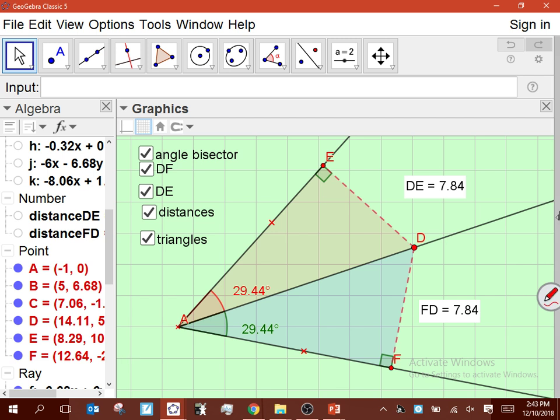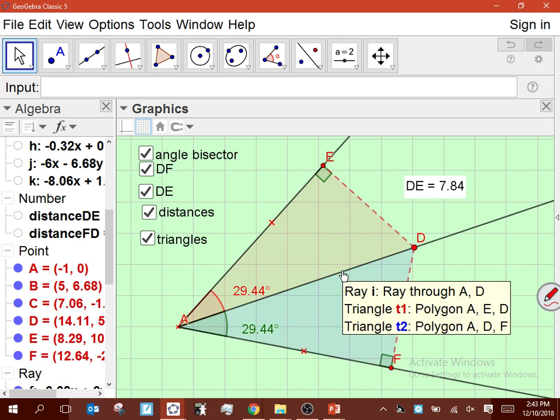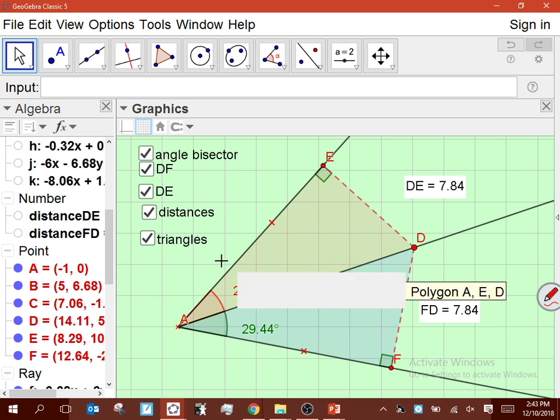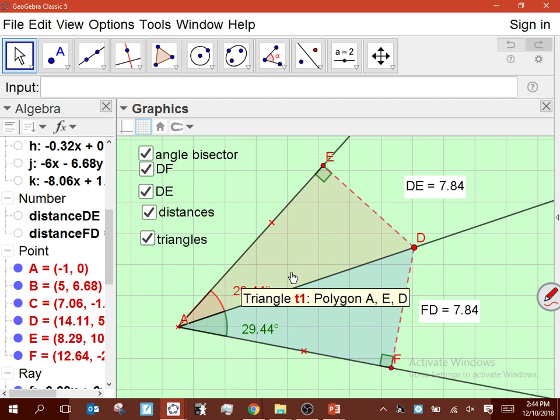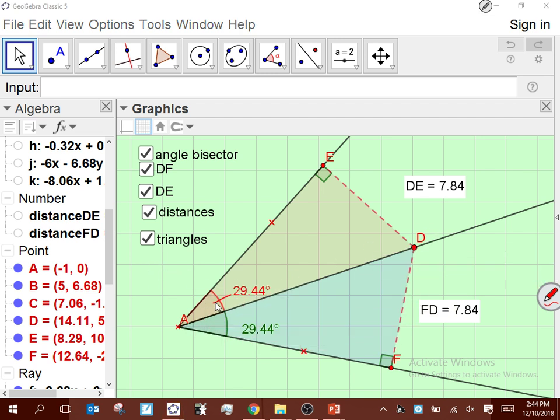Okay? Do they, by definition, A to D is an angle bisector, right? Okay? And the theorem says if a point is on the angle bisector. So that means AD has to be an angle bisector. So that angle has to be congruent to that angle, right? The way we measure distance from D to those sides is using perpendicular lines.